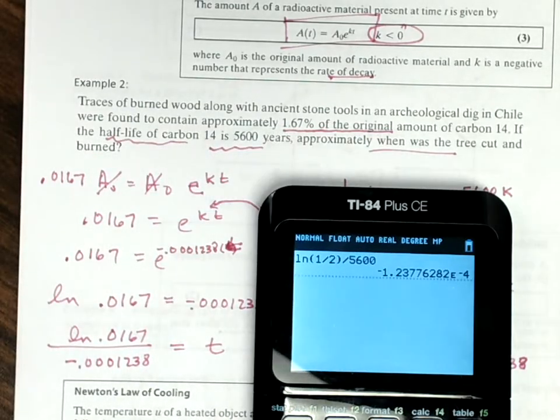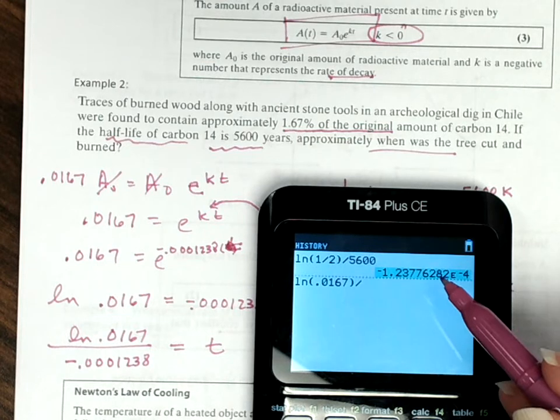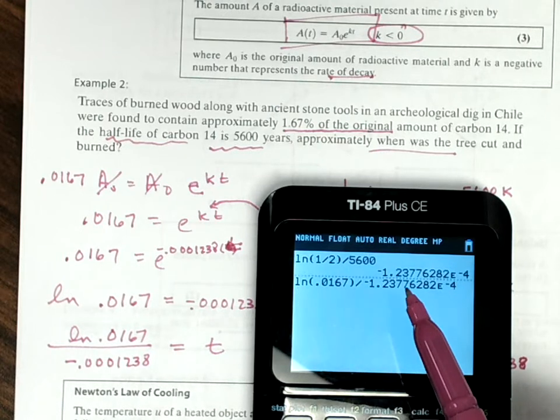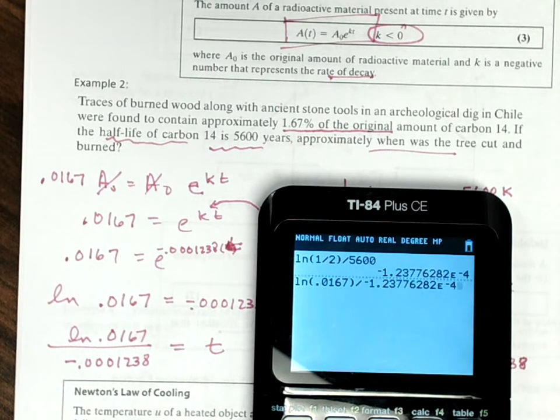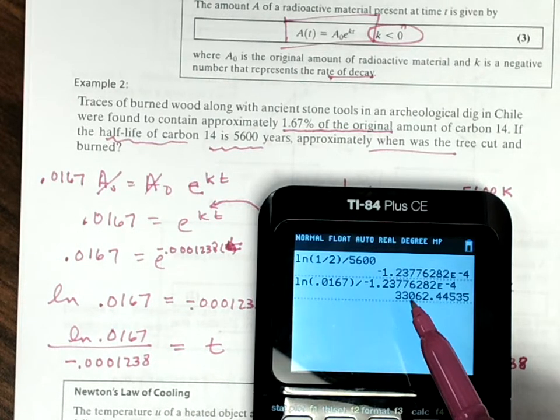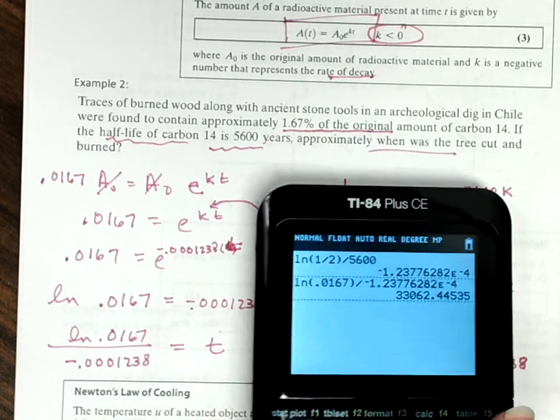So now I'm going to do the natural log of 0.0167 divided by, and notice I'm going to up arrow. Can you see how it highlighted that history problem right there? Enter, and it's going to say the natural log of this divided by my number. And this piece of wood, the tree that was cut and burned, was burned, according to this formula, approximately 33,062 years ago.